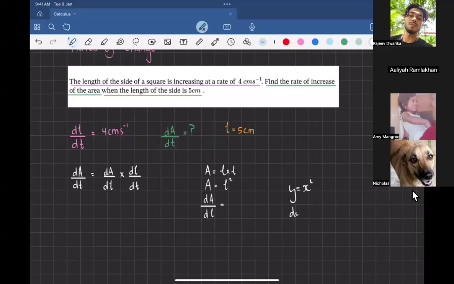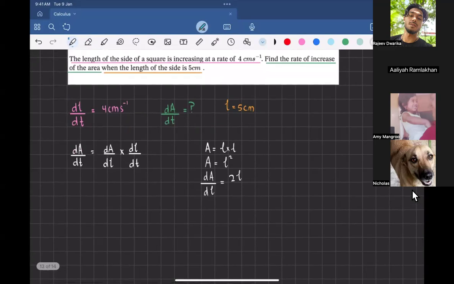What would dy/dx be? That could be 2x. Yeah, so what is it going to be? That could be 2L. Yeah, that'll be 2L. And they said when the length is, what did they say? When the length is? 5 centimeters. Correct.